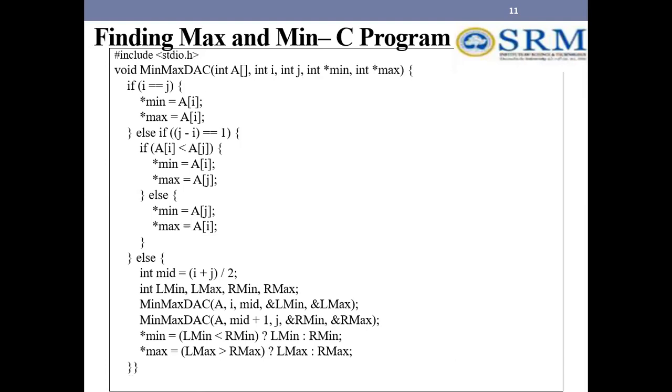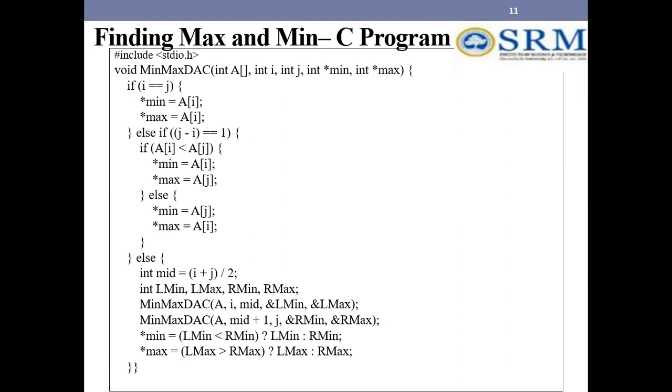Else if j minus i equal to 1, we compare a of i with a of j. Whichever is greater or less: in the case of minimum, a of i is assigned, otherwise a of j is assigned to max. Else we keep the same variables as they are.